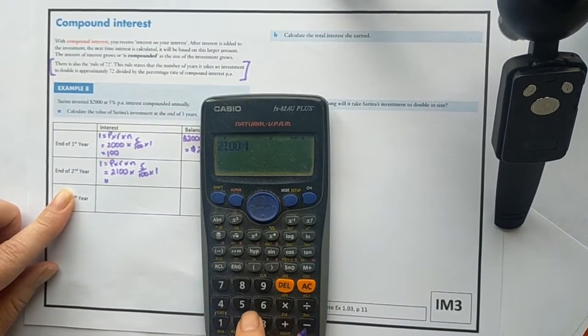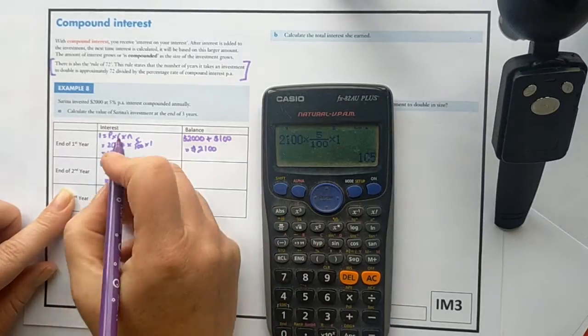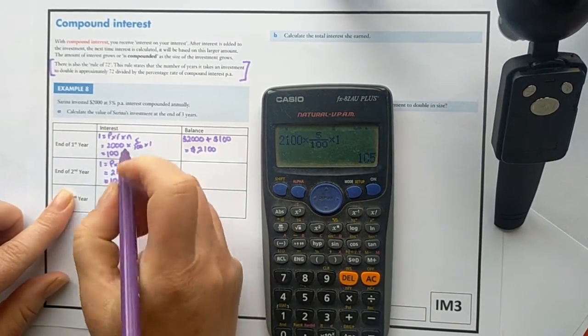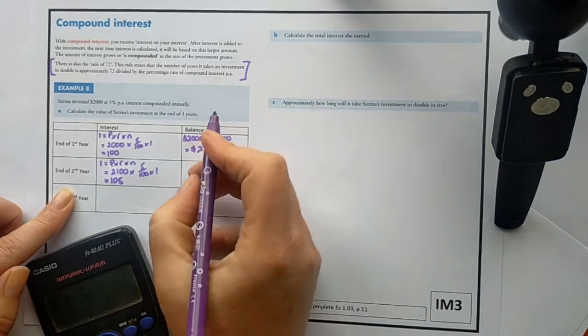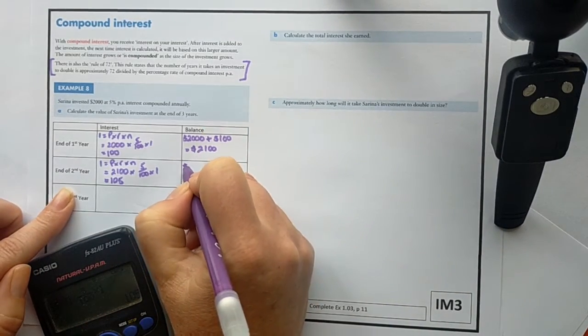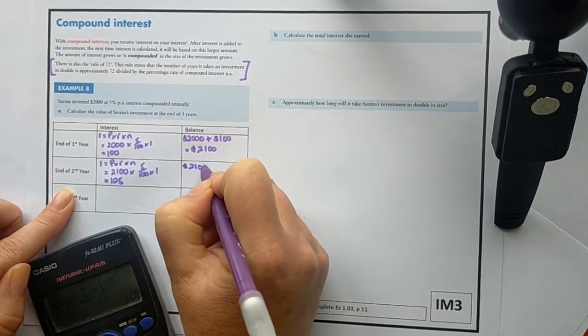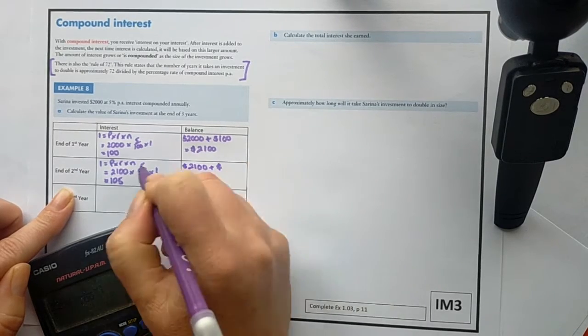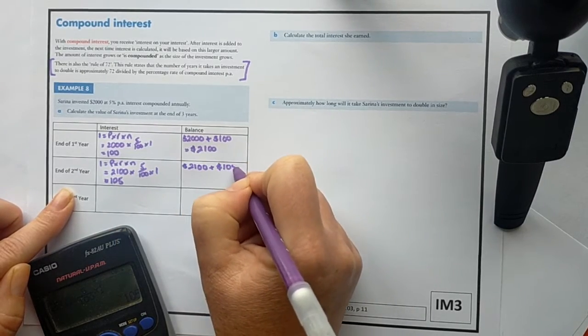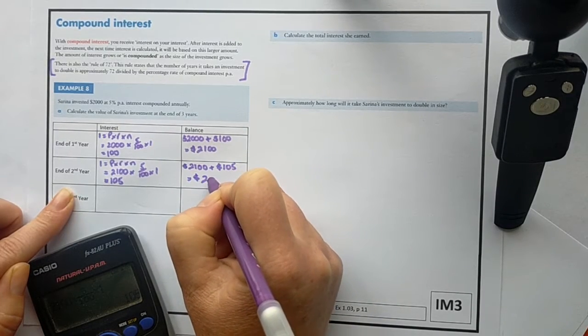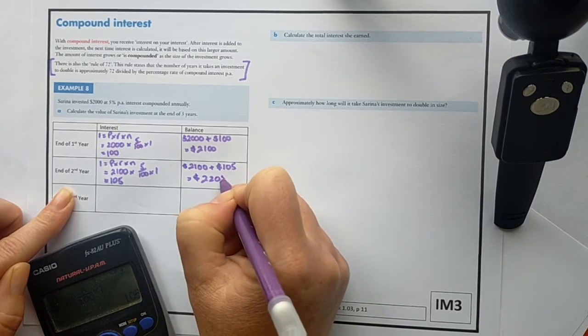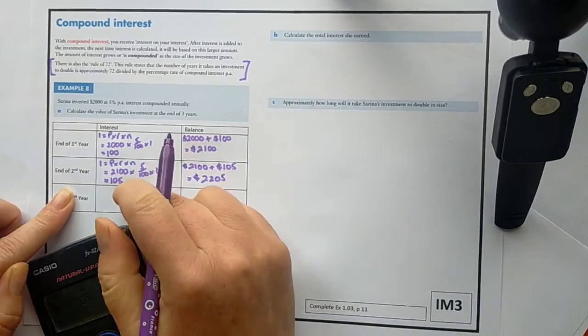So pop it in our calculator, and this time she earned $105 for the year. So this time in her bank, she had $2,100 at the beginning of the year, and she just added in another $105. So she has $2,205 in her bank account.